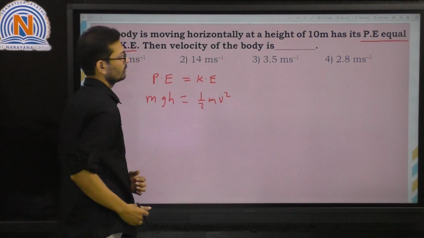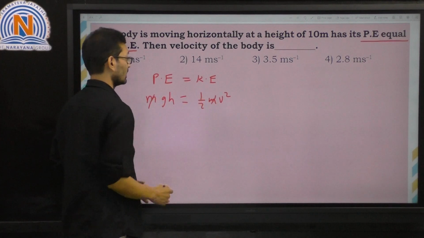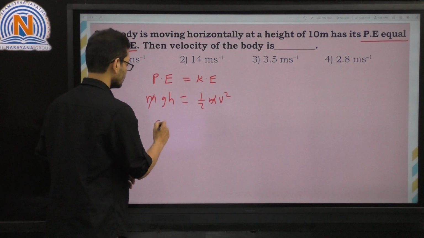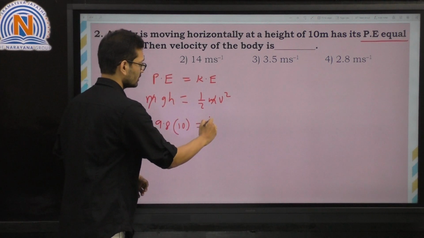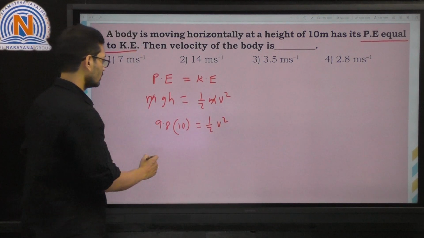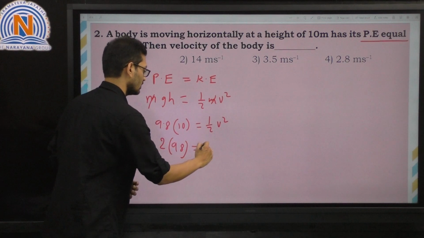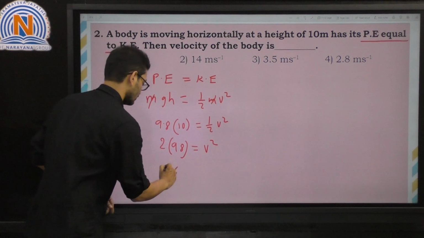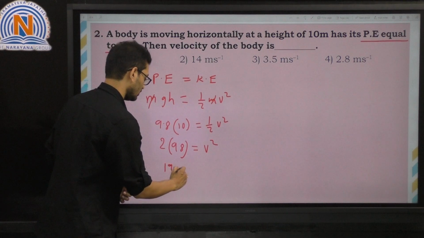Now from here, m gets cancelled, and you have height as 10. They didn't give you g, so you have to take 9.8. So 9.8 into 10 is equal to half v square. If you send the half to the other side, you are going to get 98 into 2, which is 196.